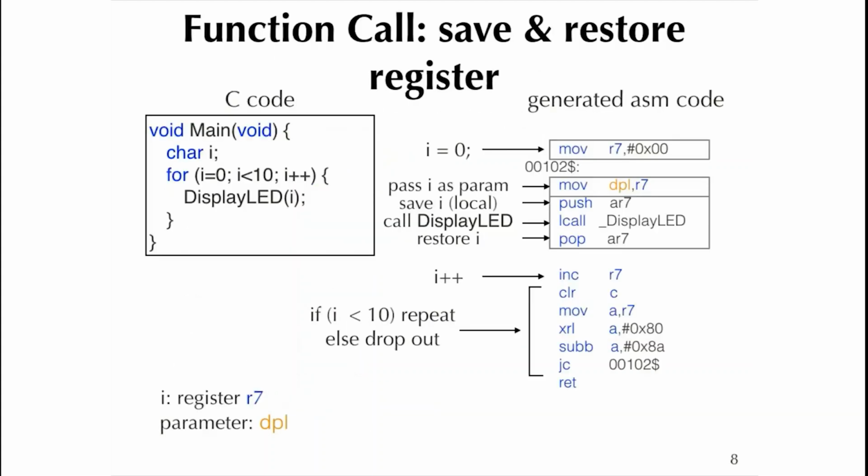Okay, so here's just more explanation in case you missed it, right? So I get 0, that's R7 gets 0, and then the parameter is passed in DPL, push, call, pop, right? Restoring that I. Inc R7, clear, and that's really the I is less than 10 test.